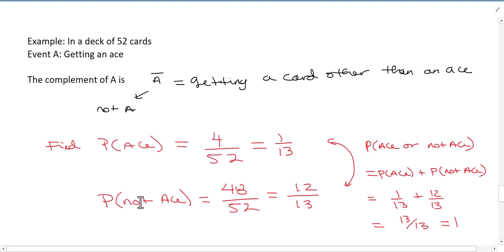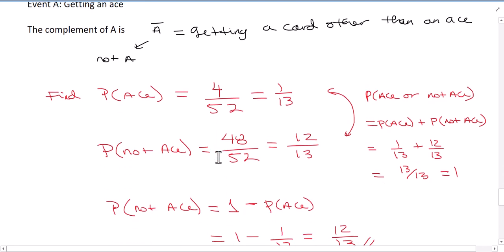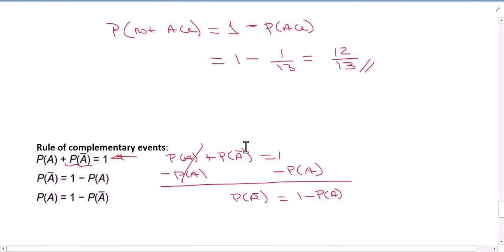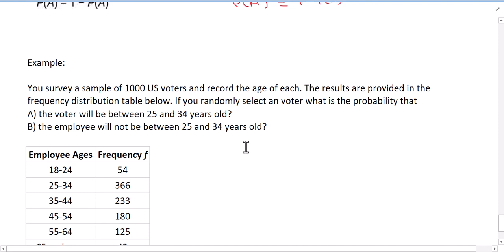Instead of thinking how many not aces there are, and that there are 48 other cards, I can just say the probability of not ace is 1 minus 4 out of 52. That gives me a shortcut of finding the probability of the complement without going back to the sample space. So let's try this example.